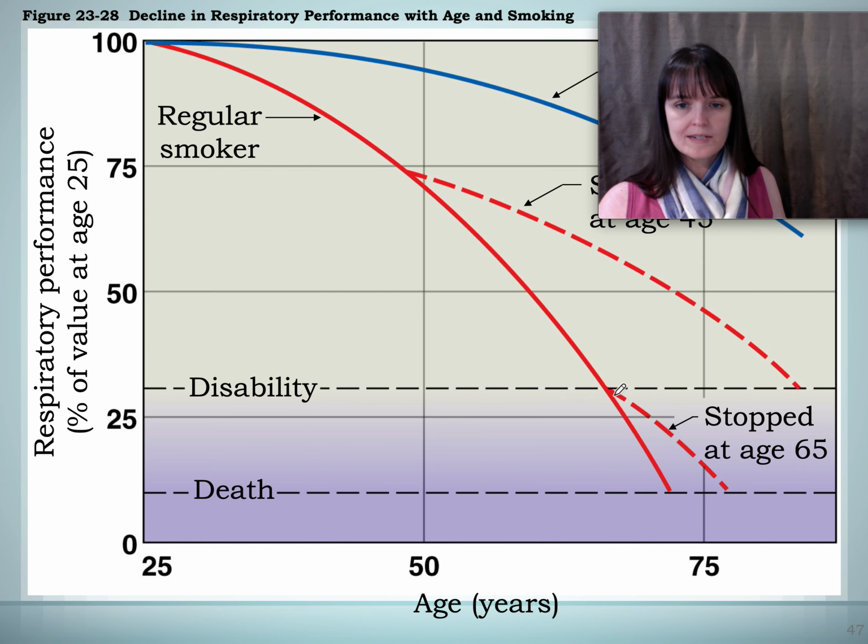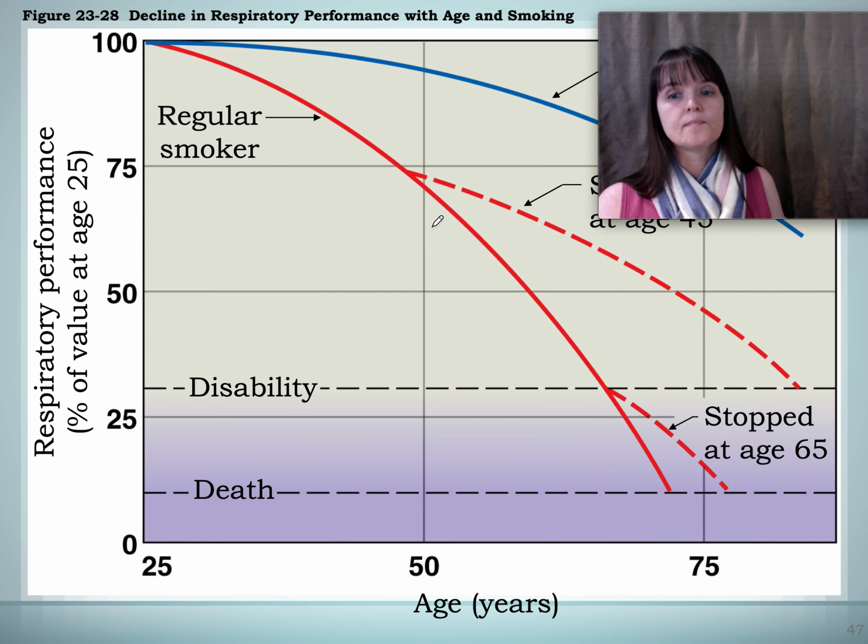We cross into disability-ish around 60. And, oh, that's not good. And if you stop, then the earlier you stop, the less bad it gets. So it's always worth it.